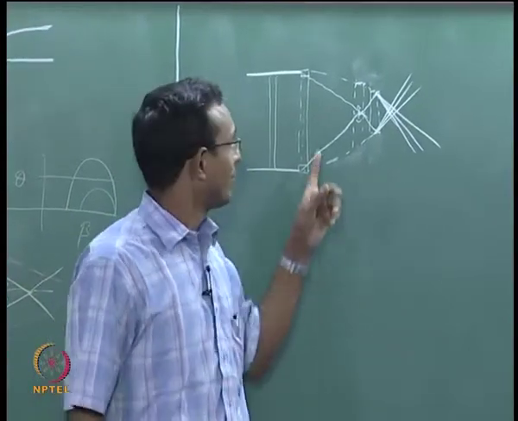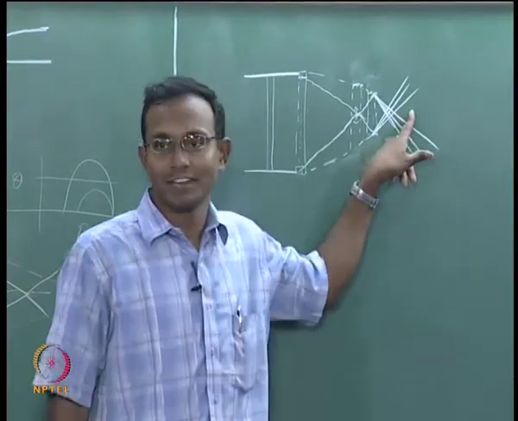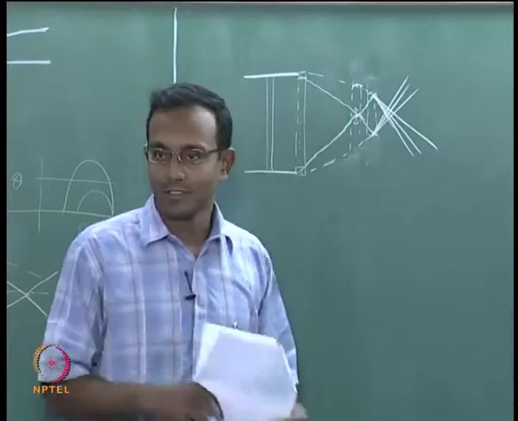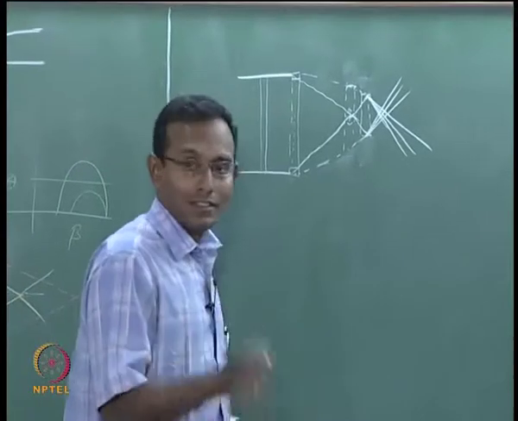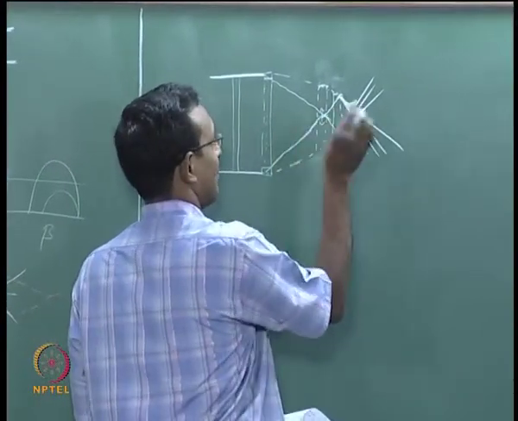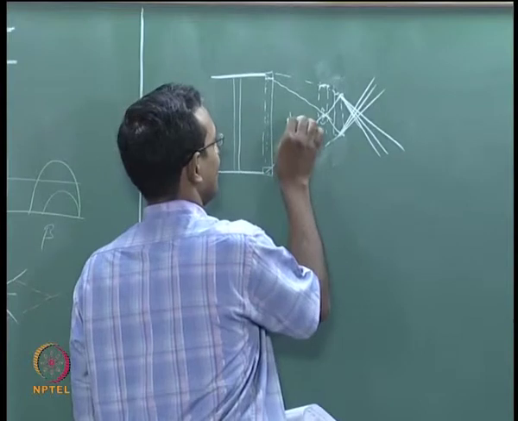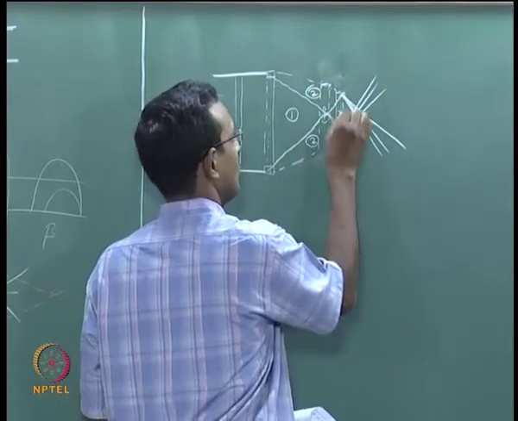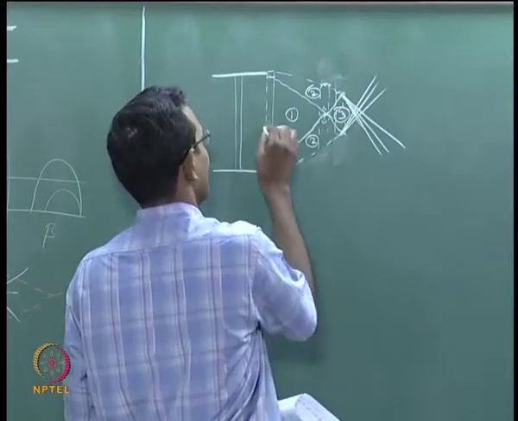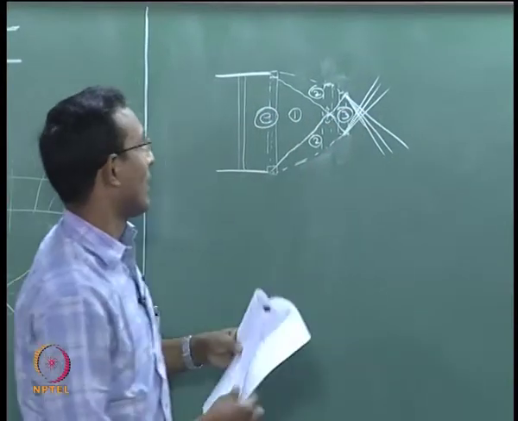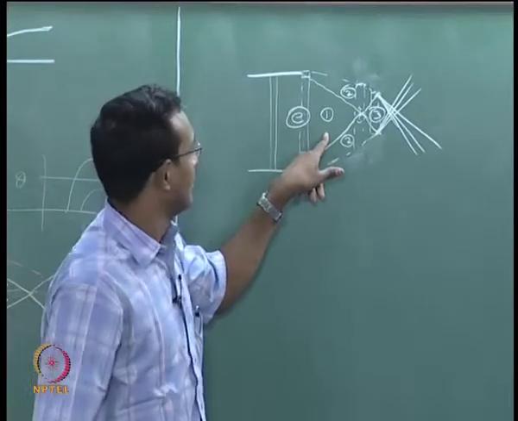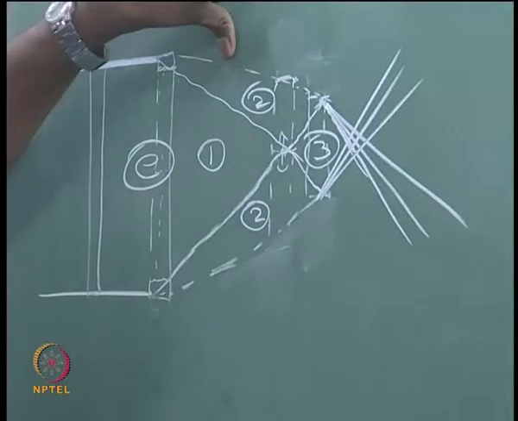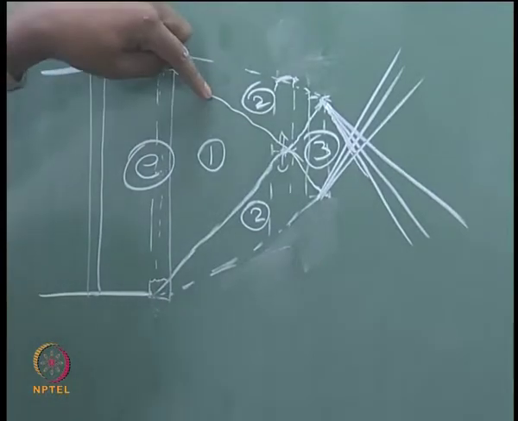There will be a whole bunch of expansion fans created, one from this end, other from that end, and they are going to run across. Why? Because I will label the regions here. This is 1, 2, this is also 2, this is region 3, and E is the same as region 1, there is no change here, and from 1 to 2 the pressure has become equal to back pressure, that is the idea of the shock.